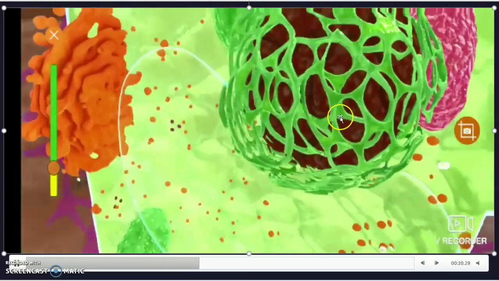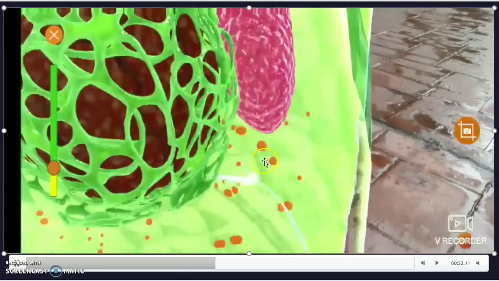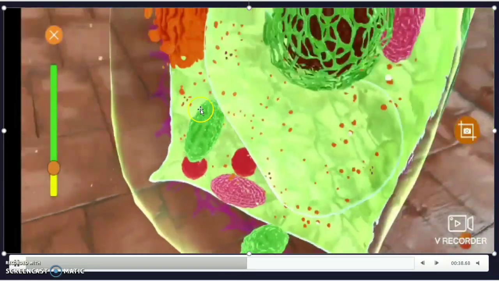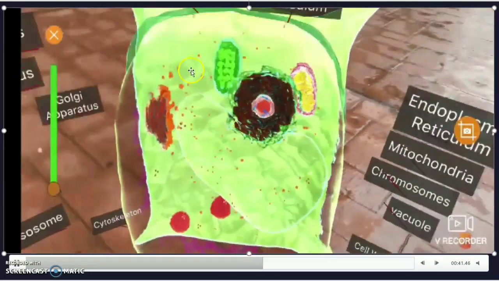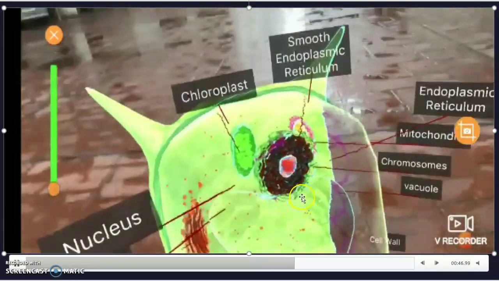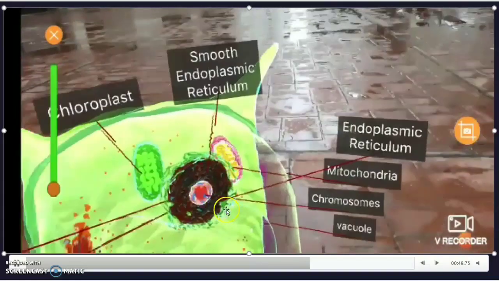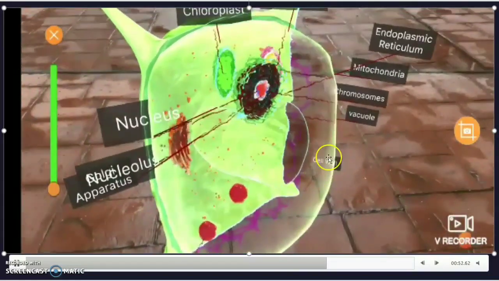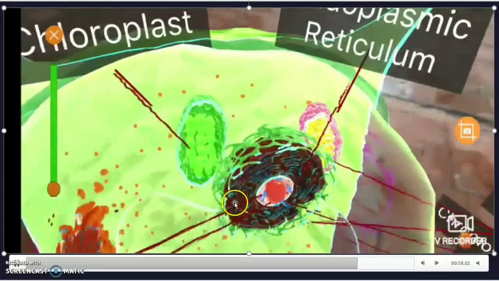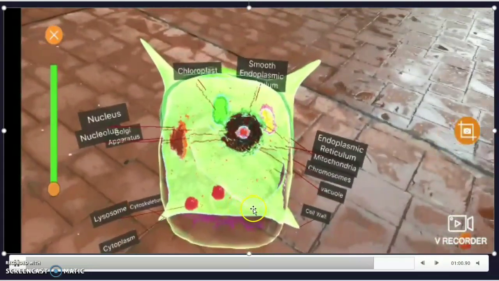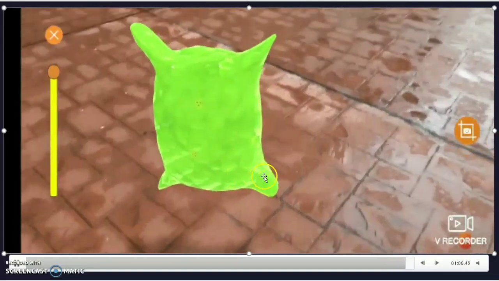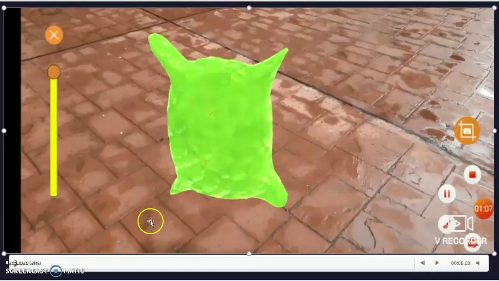Nucleus, around the nucleus, endoplasmic reticulum, mitochondria, vacuole, lysosomes, chloroplast, Golgi complex, Golgi apparatus, lysosomes, chloroplast. The outermost layer is cell wall. The fluid filled in this cell is called cytoplasm. This is about the plant cell.